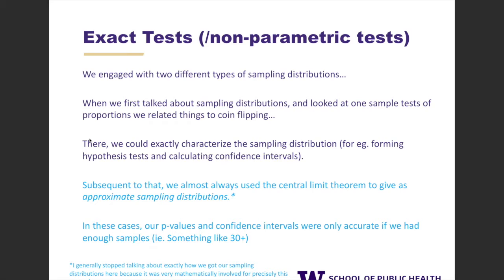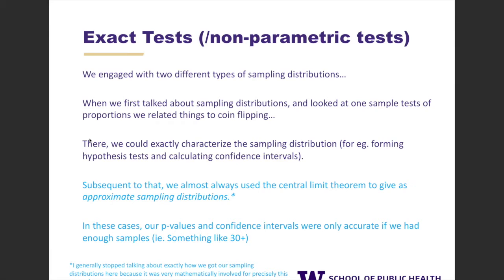Now, we don't have to revisit that whole discussion. As we'll recall, we talked about that briefly, and then we often just went into engaging with software to calculate p-values and confidence intervals using those sampling distributions, and didn't go too much into the nuts and bolts of the sampling distributions themselves, because it got very complicated when we were using these so-called approximate sampling distributions based on the central limit theorem.